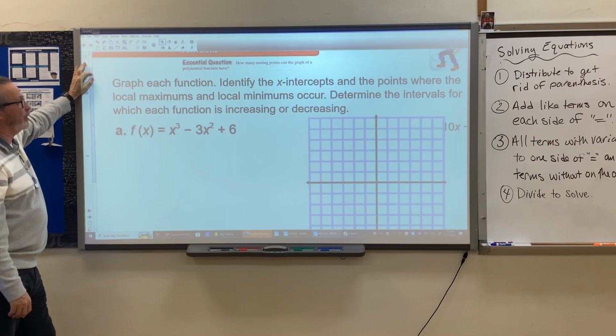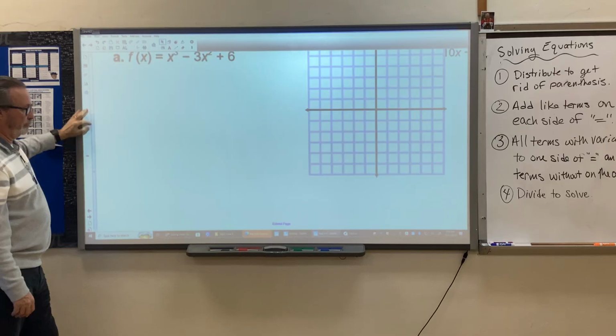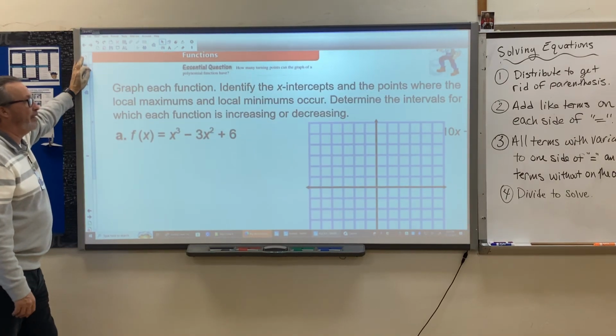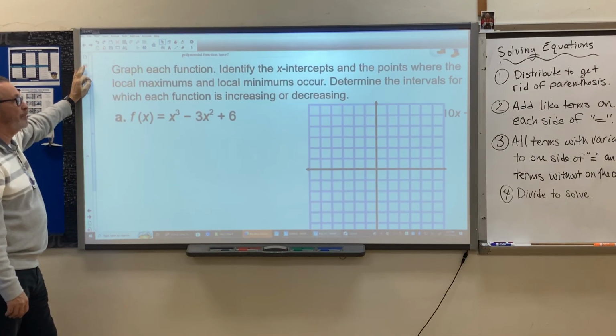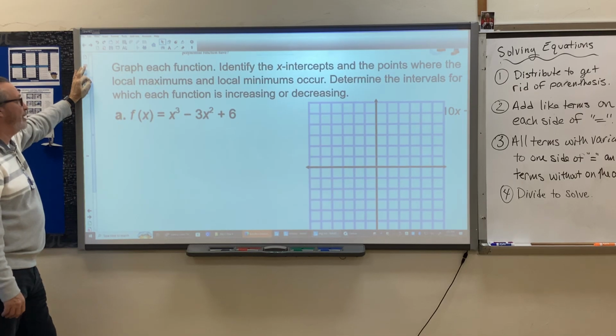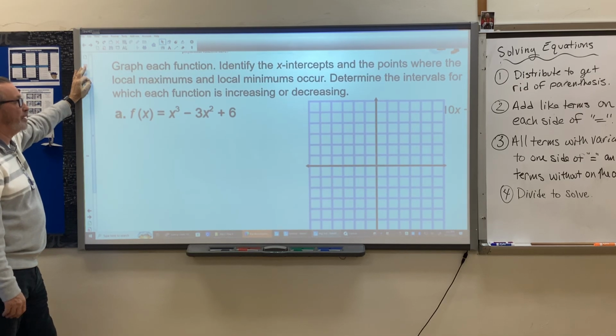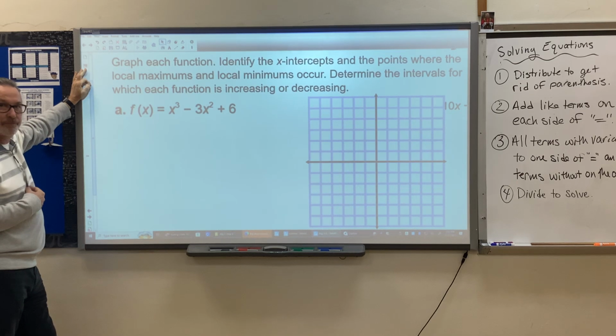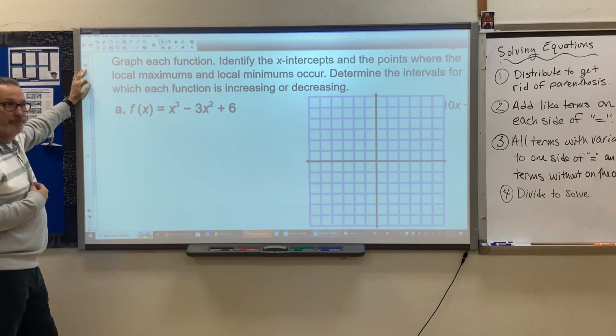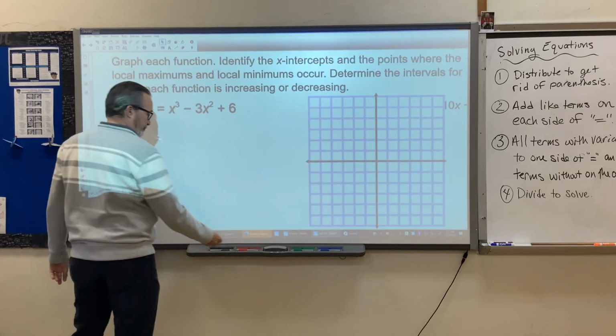Graph each function. Identify the x-intercepts and the points where the local maximums and local minimums occur. Determine the intervals for which it's increasing and decreasing. Have we done that one before? Okay.